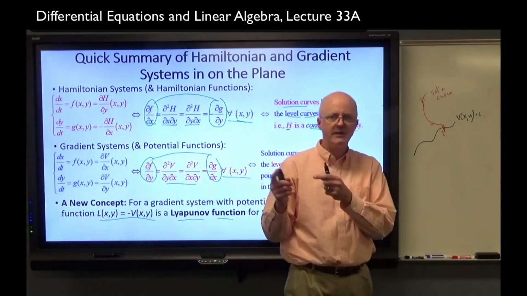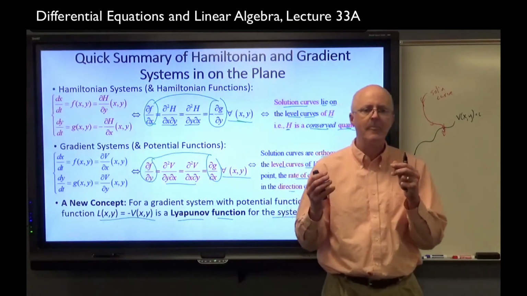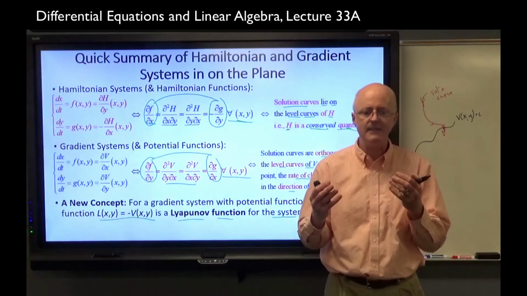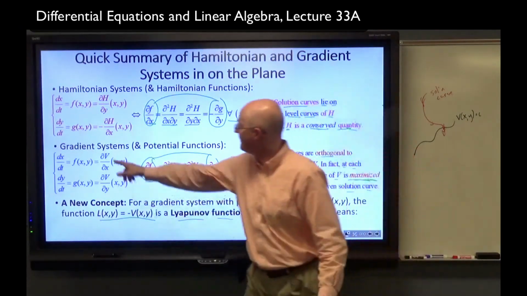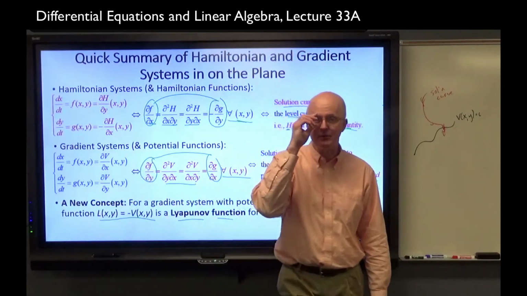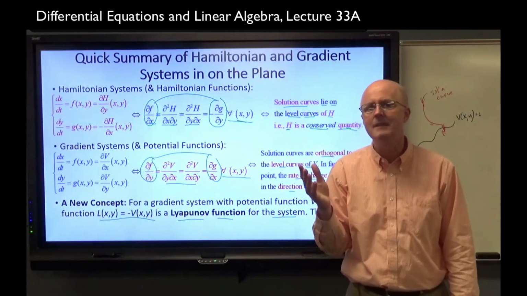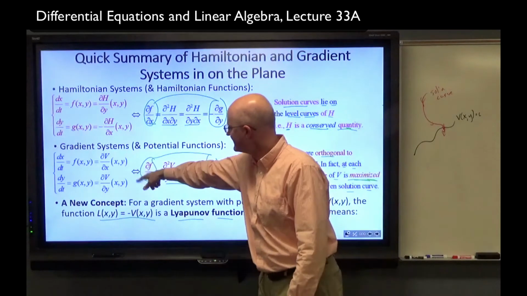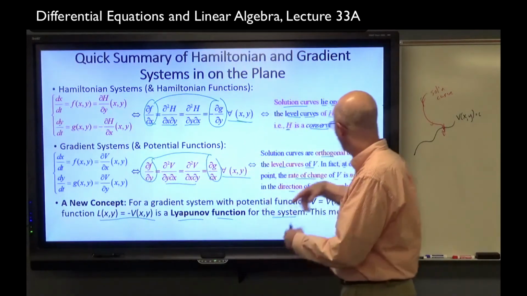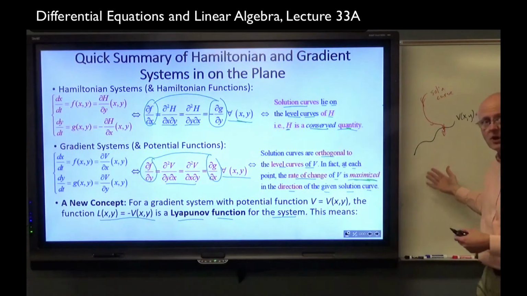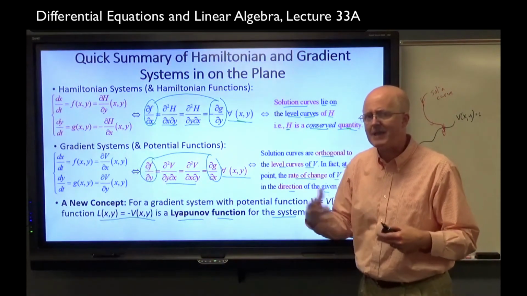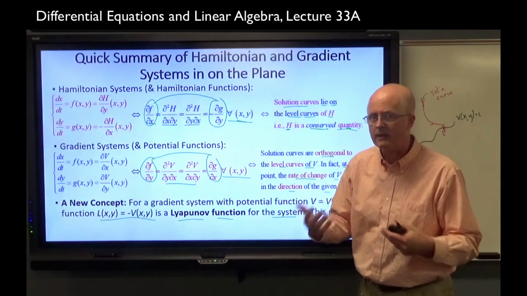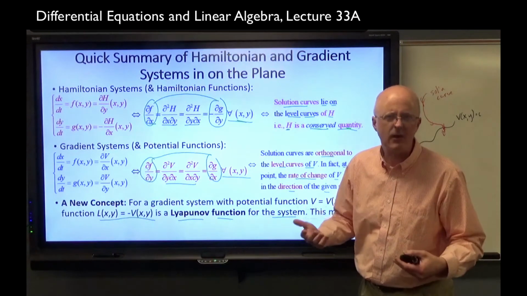Now, I did mention in 32a that some people essentially take V to be the Lyapunov function at the beginning and say gradient systems have to have minus signs here and here to start with. Some people do that, and that makes some sense because when you talk about the gradient system this way, and you draw the contour map of V, a bunch of level curves, it's like the solution curves, if you're imagining them to be liquid, like liquid water, they'd have to flow uphill, so to speak.